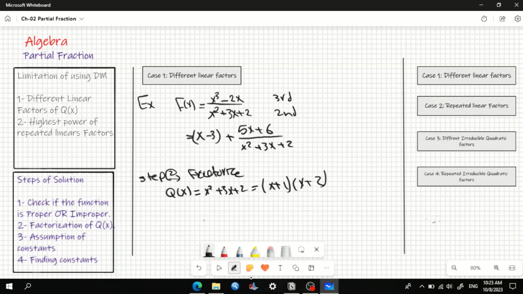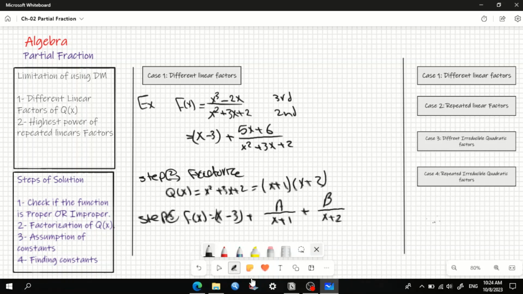So let's rewrite this for step 3. We have f of x equal to x minus 3 plus A over x plus 1 plus B over x plus 2. Here we have A and B as the assumption of our constants.